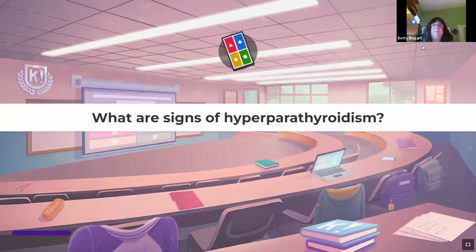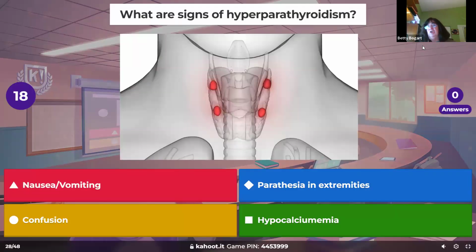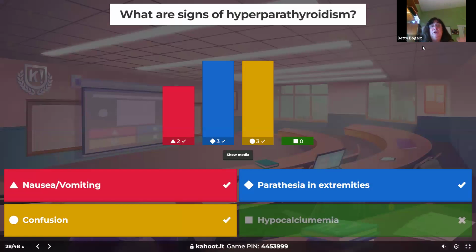A multi. What are signs of hyperparathyroidism? So too much calcium, right? What would you see? What would it do to the muscles? Nausea, vomiting, confusion, and paresthesia. It gets so overstimulated, it's just there. And of course, the muscles in the brain, you're just almost tonic. You don't know what to do and how to do it, and then you're nauseous with it.